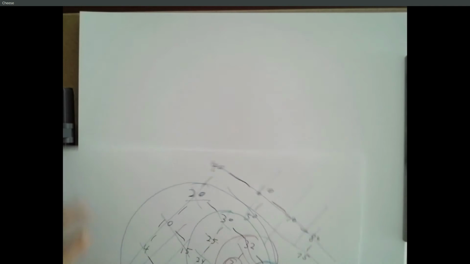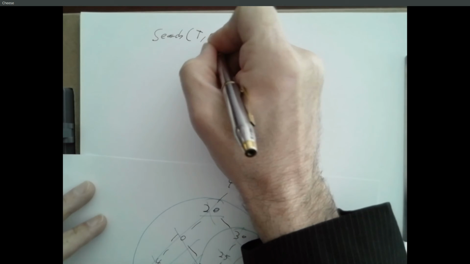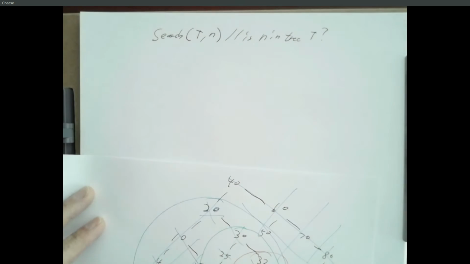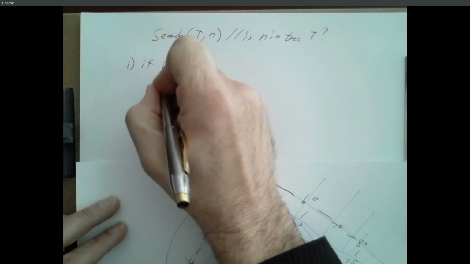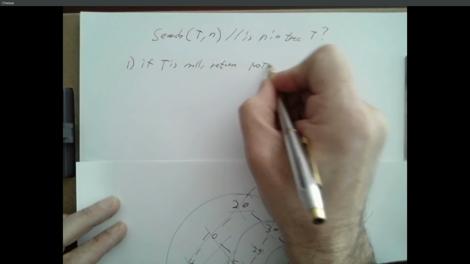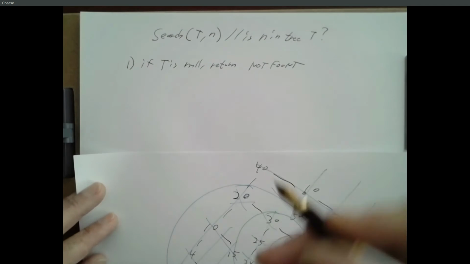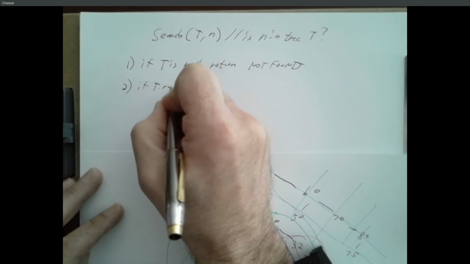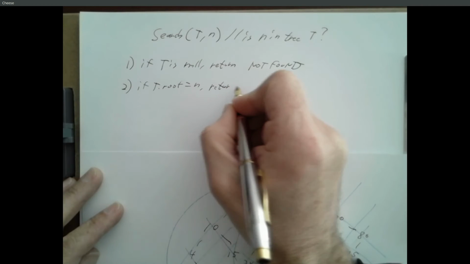So we could write an algorithm for this. We're searching a tree T for a number n. So if T is null, we can say n is not found in the tree. If the root's equal to n, we can say it is found.